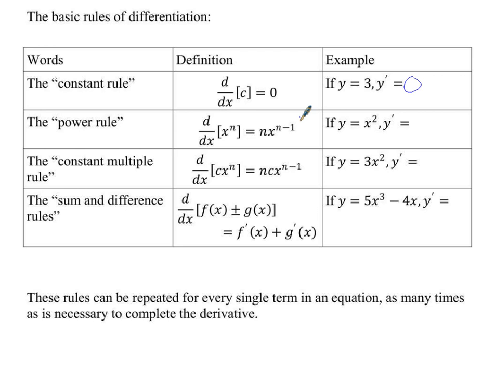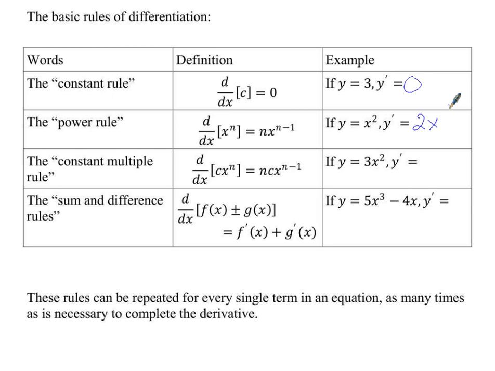So the n comes down times the variable, decay the exponent by 1. So for example, if I have y equals x squared, then y prime would be what? The 2 comes down times the variable, decay the exponent by 1. 2 minus 1 is 1, so technically it's 2x to the first, but we don't write the 1, so we just leave it 2x. That was the power rule.